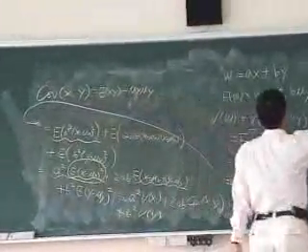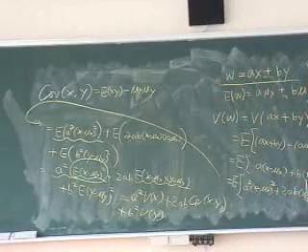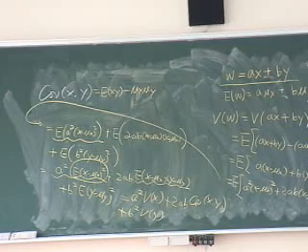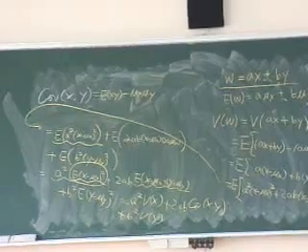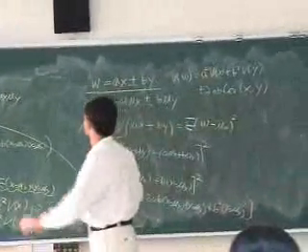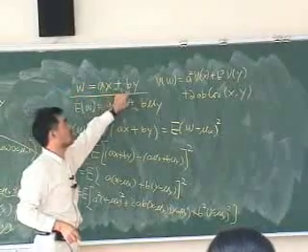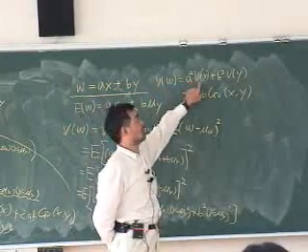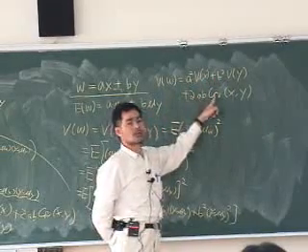So what does that mean? That means if W is equal to AX plus BY, then VW is equal to A squared VX plus B squared Vy plus 2AB covariance XY.